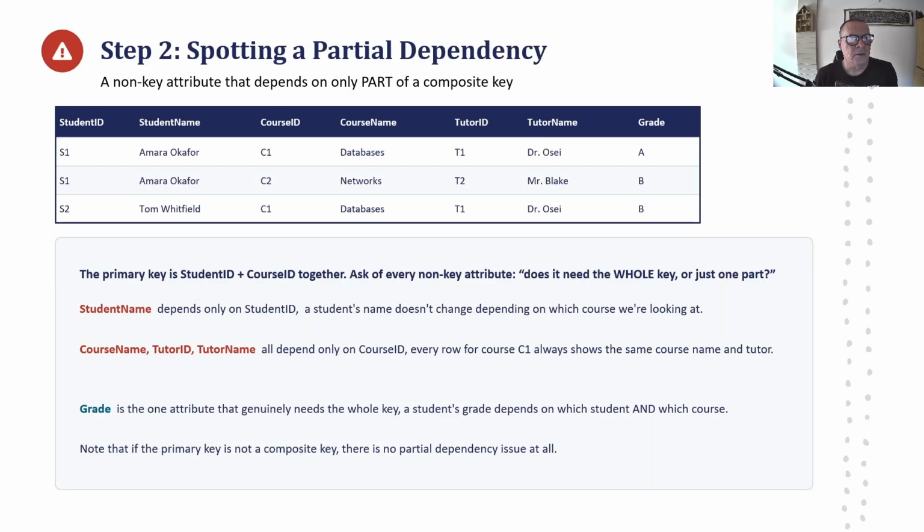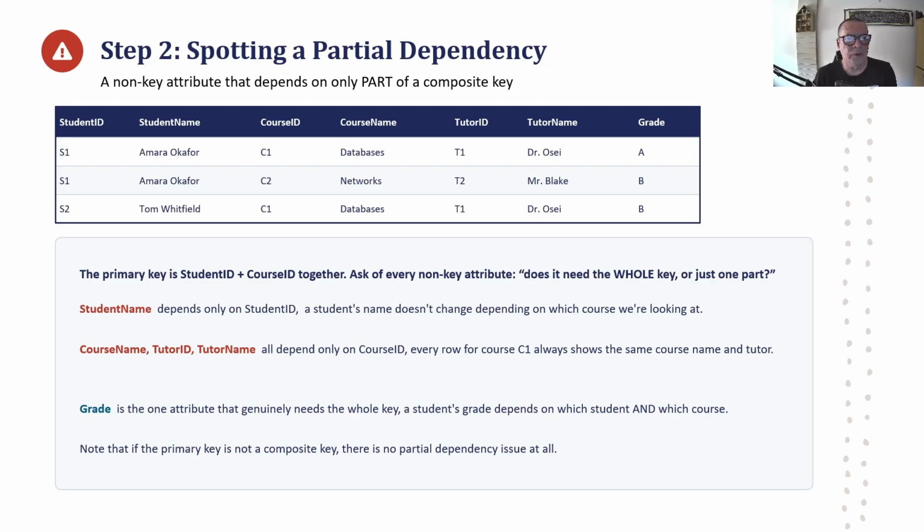Now, in second normal form, we're looking for these partial key dependencies, and in this particular table, the primary key consists of student ID and course ID, i.e. there's 2 attributes and it's a composite key.